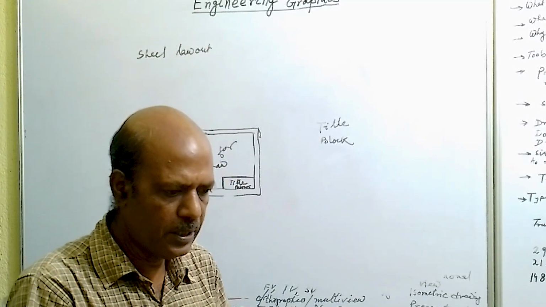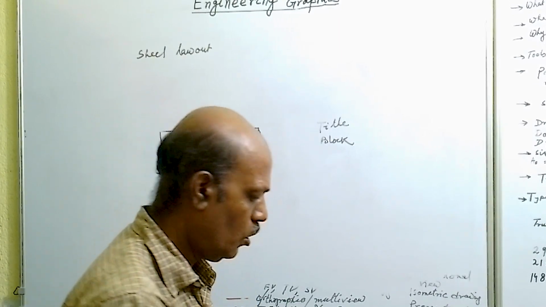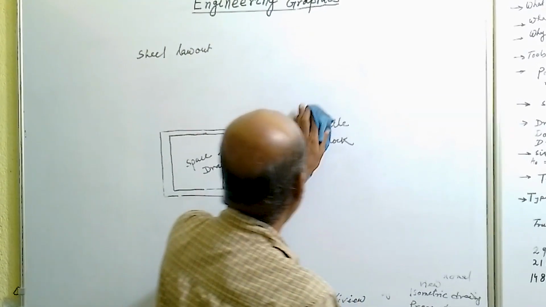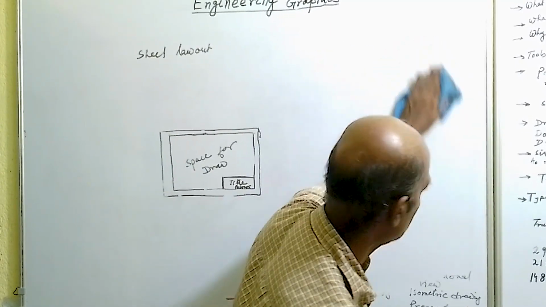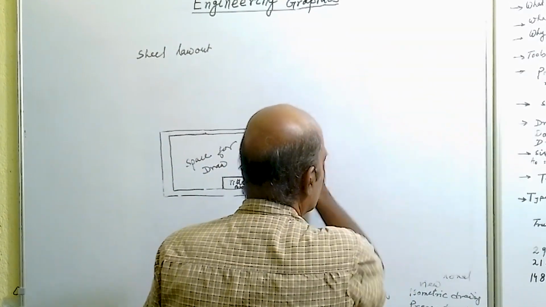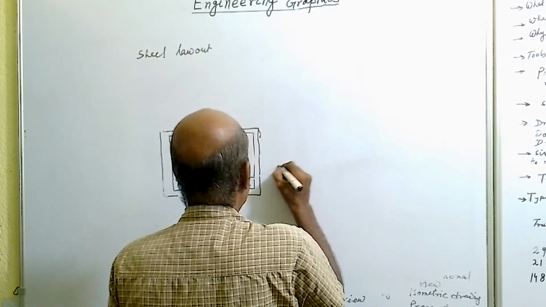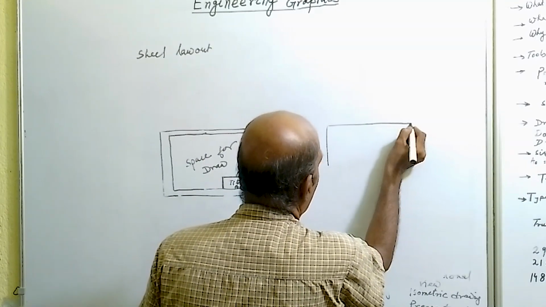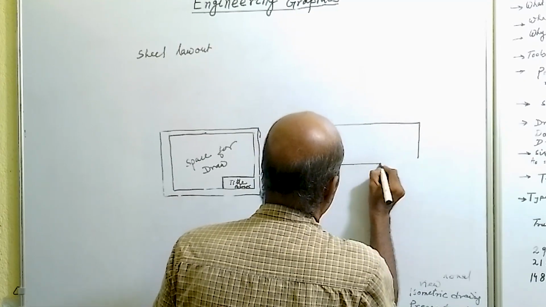Now we will see the title block separately. The title block will have different information, at least it should contain the following. Say this is the title block, we are drawing separately. A standard title block is given by the BIS.